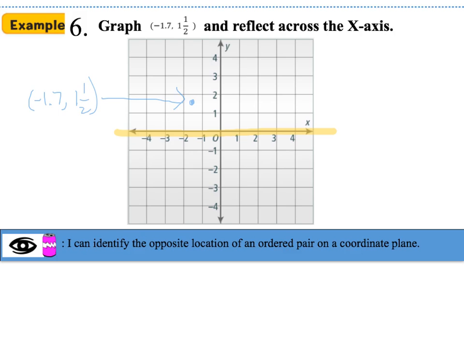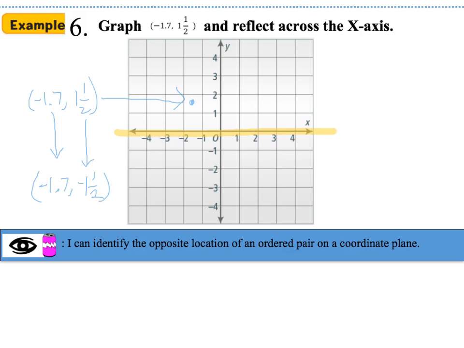So now I'm going to reflect this point across the x-axis. If I start my ordered pair and I'm reflecting across the x-axis, I know that the x-coordinate needs to stay the same. So negative 1.7 is going to stay negative 1.7. What I'm going to do now is take the opposite of positive 1.5, which becomes negative 1.5.